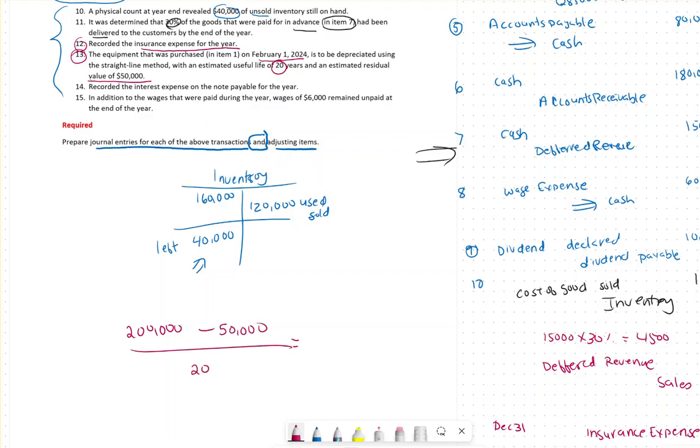that will give me a depreciation for the year, and then I multiply by 11/12 because we purchased on February 1st. I have to get my calculator, so say that 150 divided by 20, so that is my 7,500. I multiply by the 11 divided by 12, and that is 6,875.